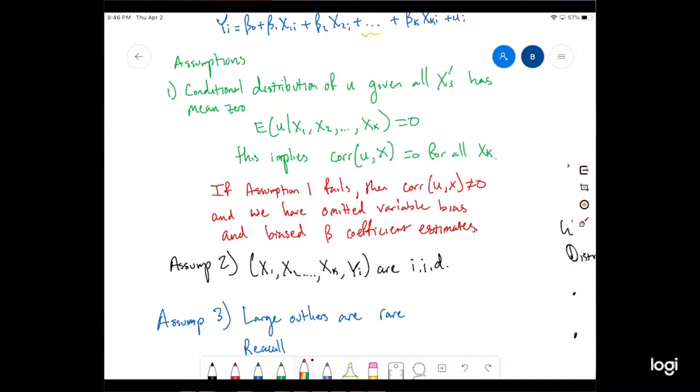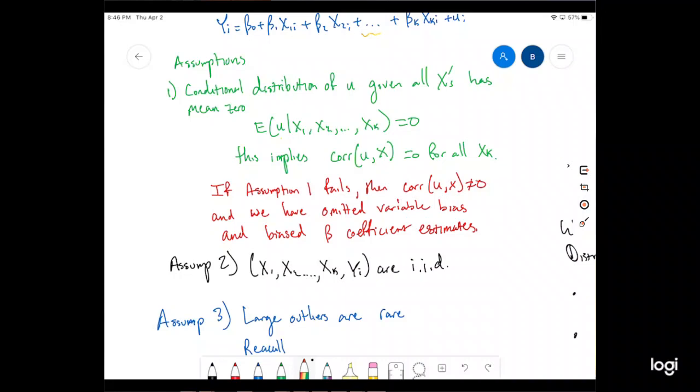The expected value of u, conditional on all the x's, is equal to 0, which implies the correlation between u and any of the x's is equal to 0, for all the x's in the model. So this is the same as the first assumption for the Gauss-Markov theorem when we had a single regressor. In other words, our included regressors are uncorrelated with the error term.